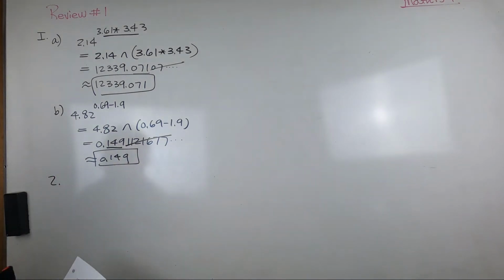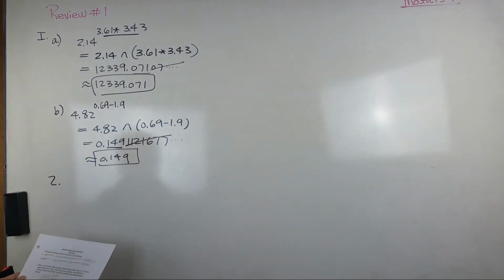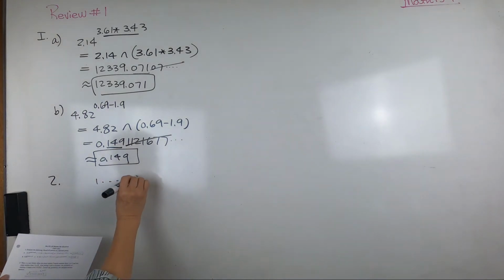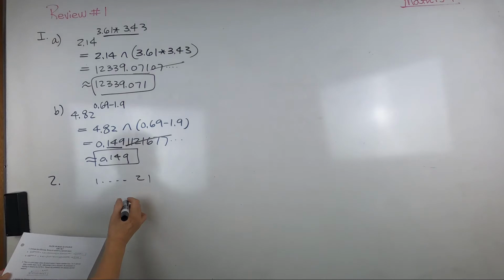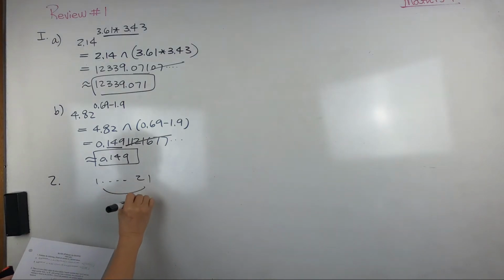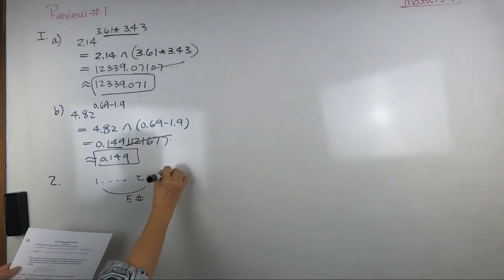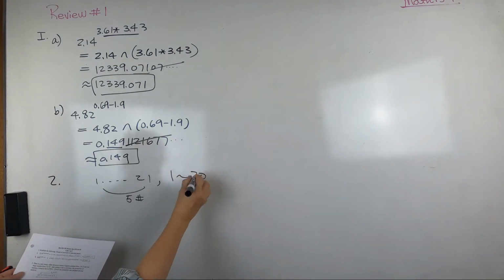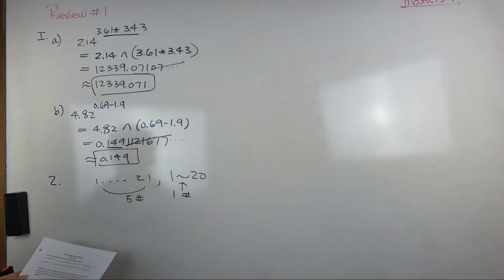So next one. There is a new lottery where the player selects 5 regular numbers from 1 to 21. So you have 1, 2, 3, all the way to 21. And the 1 Mega number. So first you select the 5 numbers from here. Then another 1 Mega number, 1 to 20. You select 1 number. Okay, total 6 numbers.